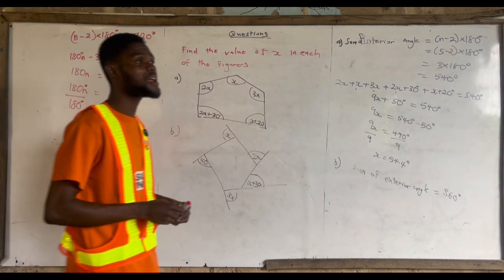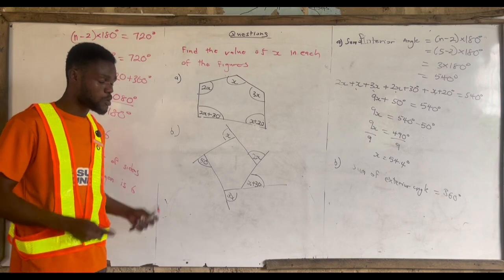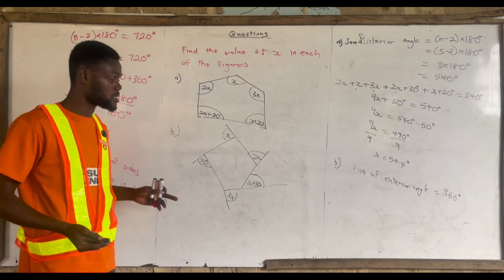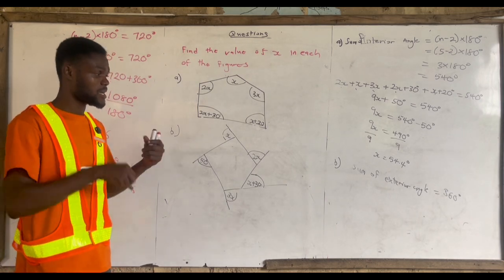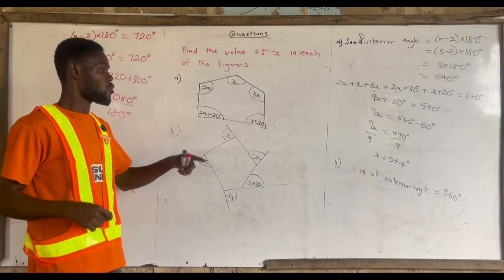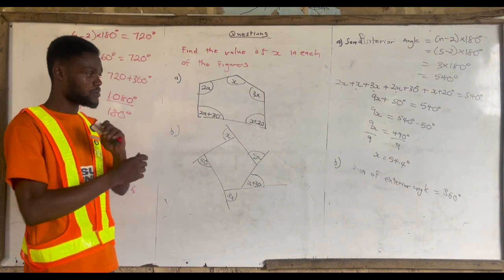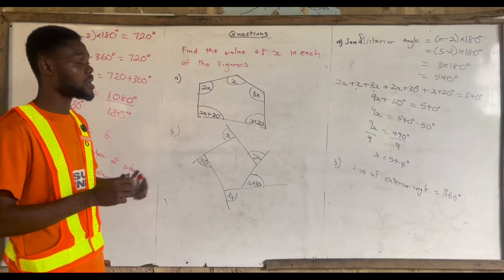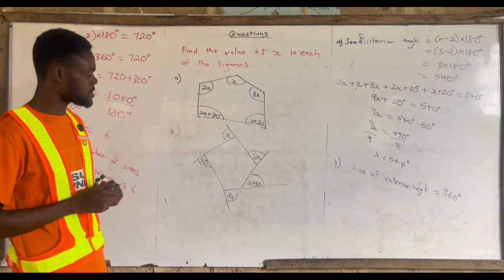Every exterior angle sum of a regular polygon is 360. We don't care about the number of sides it has. Once it is external, it is 360. When you add them, you have to get 360.